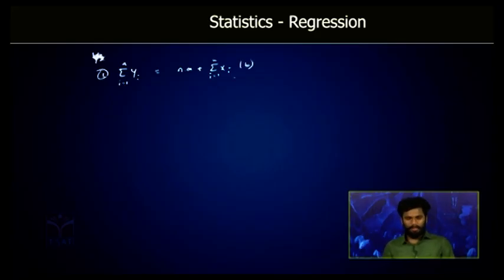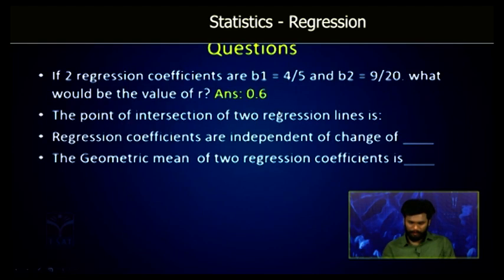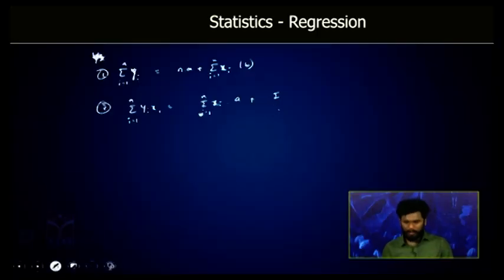The second normal equation is summation xi yi, i from 1 to n, is equal to summation xi into a plus summation xi square into b.